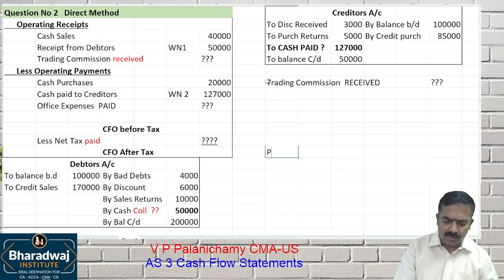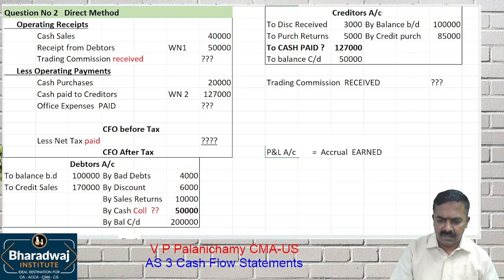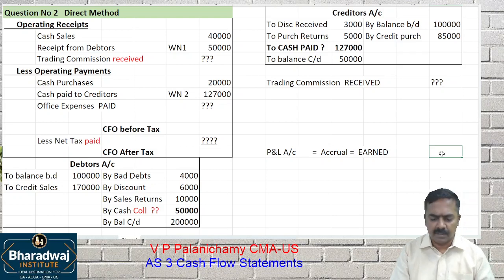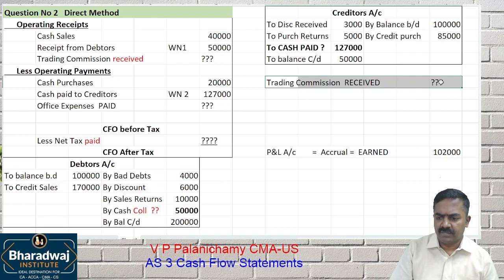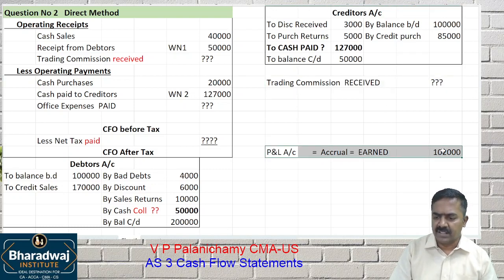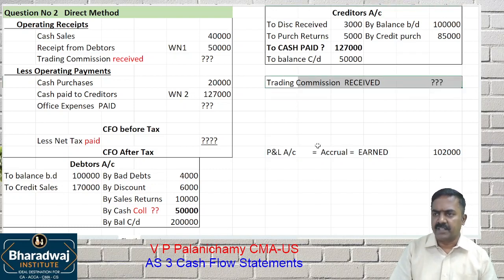In the P&L account, what is given to us? Accrual amount. Accrual amount means what is earned is given to us. What is earned for the year goes to P&L account. What is given in the P&L account? 1 lakh 2,000. We want received. What is earned is given. We want which one? Received.